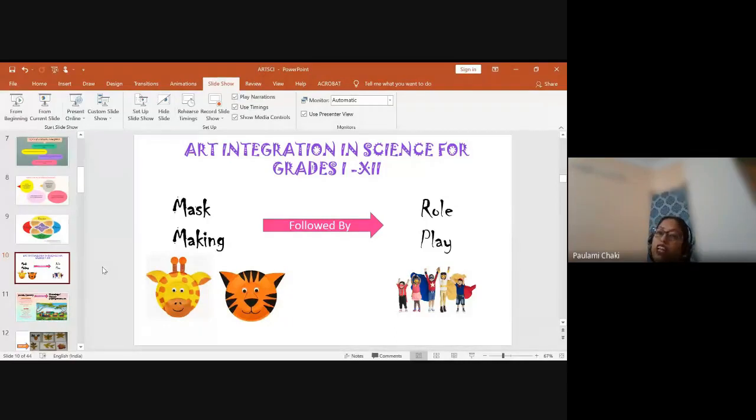But always in lower grades, what I suggest is mask making should be followed by role play. For this mask making activity, I always collaborate with my arts teacher. At the beginning of the session, we make a master plan, so we already know what exactly we are going to do at what point of time during the academic session.